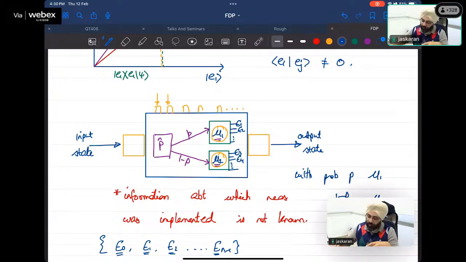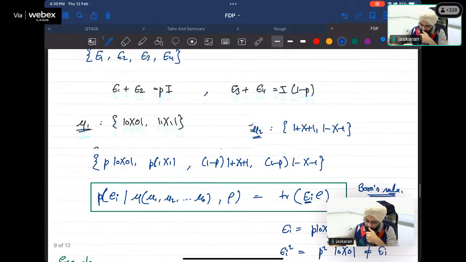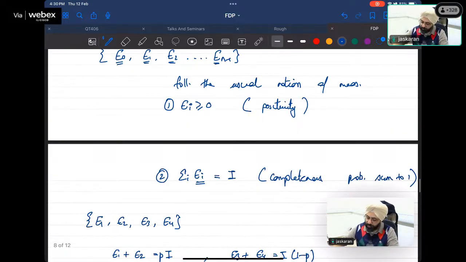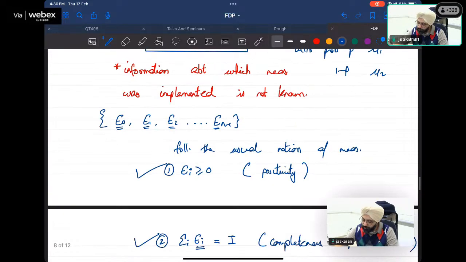The idea here is that the operators that I have, the E_i's, should only respect conditions one and two, corresponding to positivity and completeness. There can be as many outcomes as we require, and the only condition is they should be positive and they should sum to 1. So there is one question: what are mu1 and mu2?